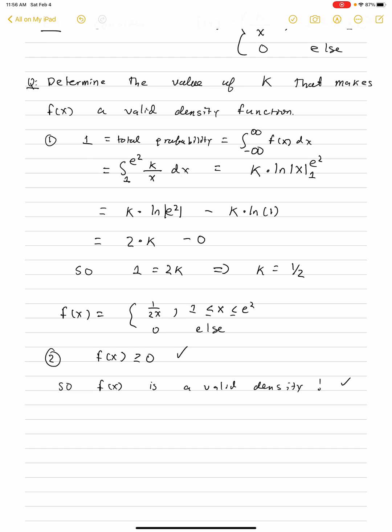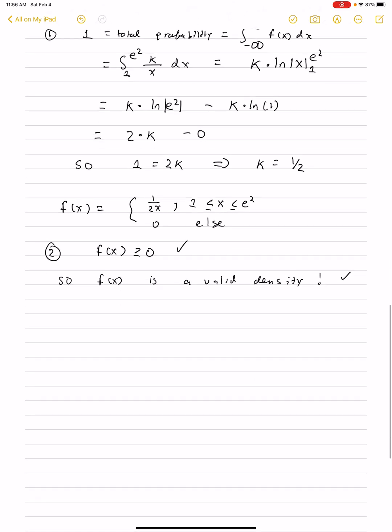Just one other question here: let's try calculating a probability with this. If I was to graph this density function, it's not going to be nice and symmetrical.